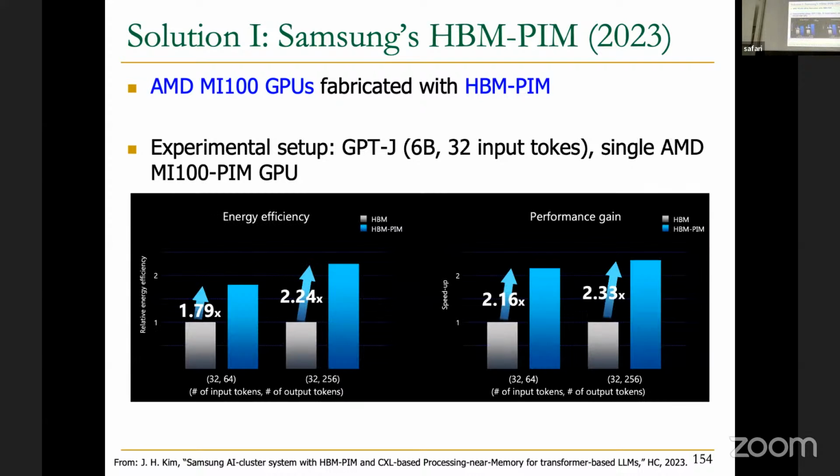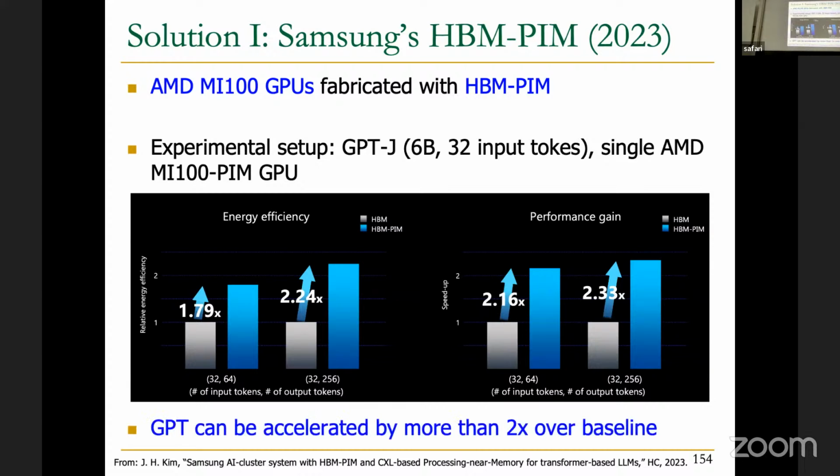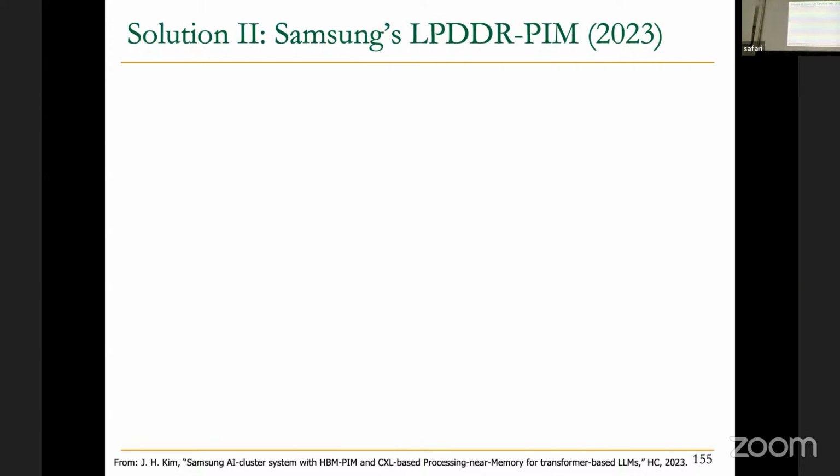Basically, they take that HBM-PIM architecture and use it as memory for these AMD GPUs, and then they offload the computation of the generative step to the HBM systems, and they see significantly improved energy efficiency and performance for some transformer models. So they accelerate GPT by more than 2 times over the baseline.